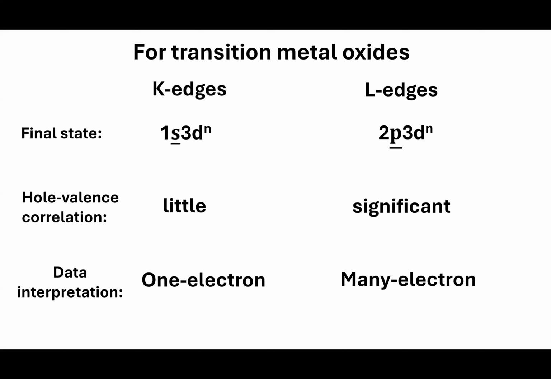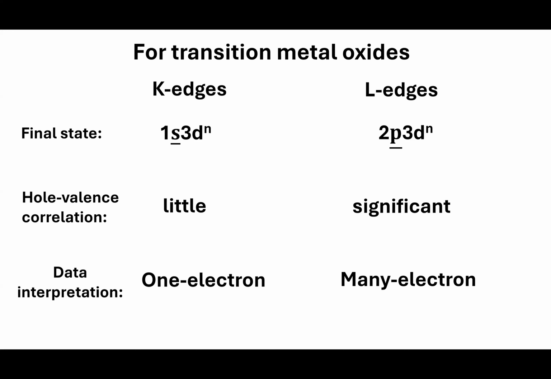That is because the final state is the core hole in the 1s and the excited electron in the 3d. Because 1s and 3d have extremely different energy levels, they don't interact with each other. They don't correlate with each other. 99% of the time they can be treated as fully independent. They have nothing to do with each other, right?